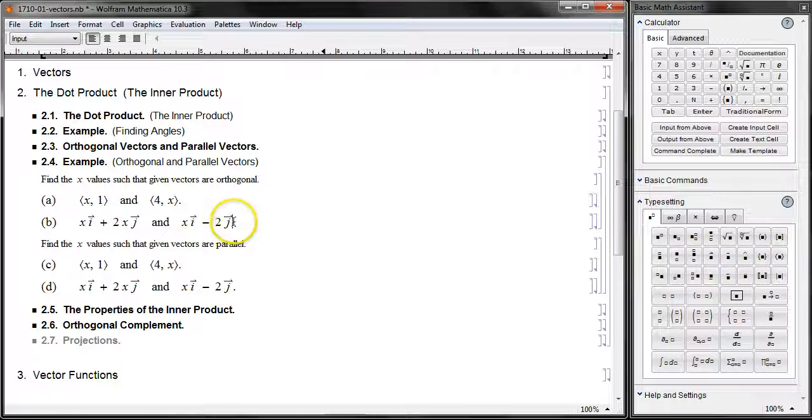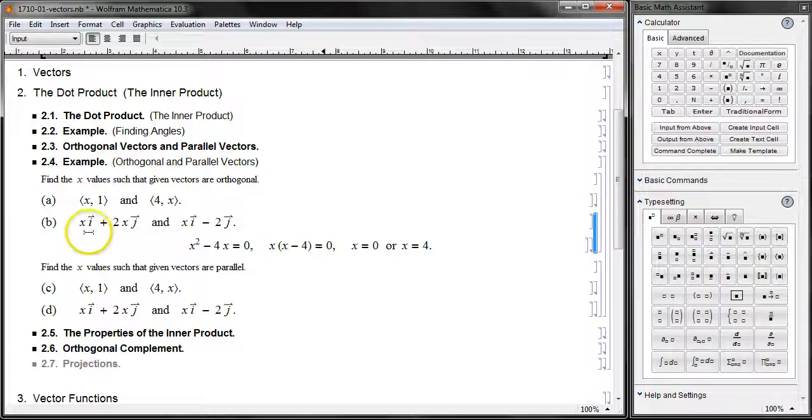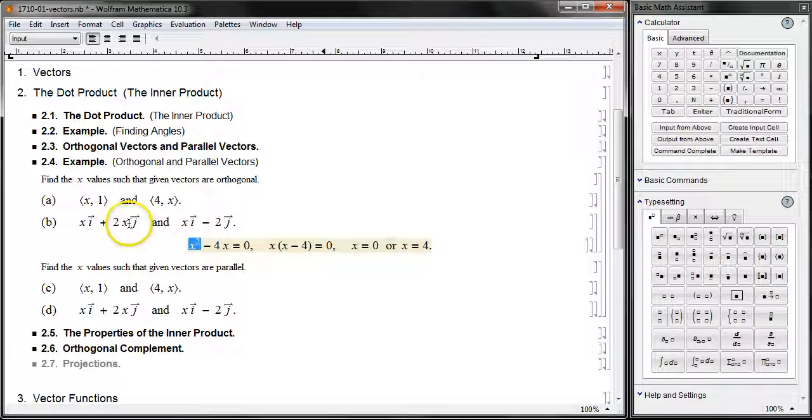In this case, we have to take the dot product of this one and that one, which means multiply the x coordinates together, so x times x, x squared, and multiply the second coordinates together. Excuse me, there are too many x's, it can be confusing. The first component, we get 4x squared, and second component, we get negative 4x. Add them up, we have to get 0.